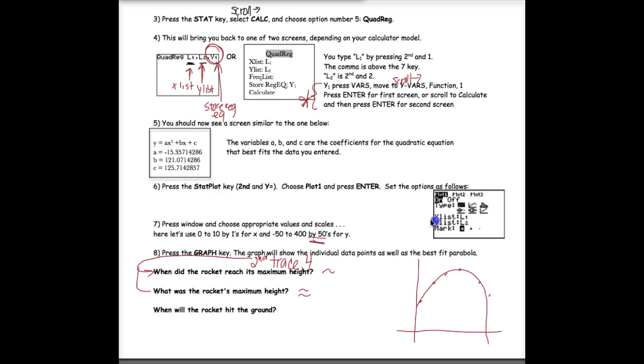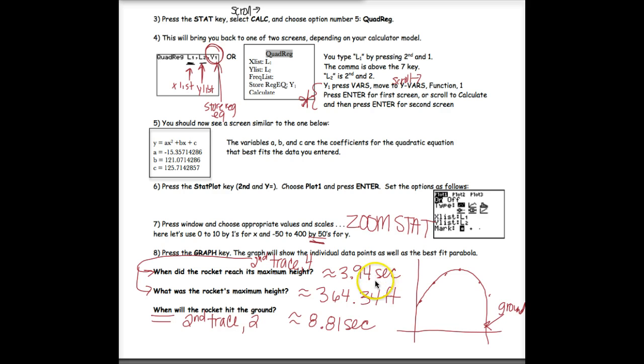I think it's choice 9, but zoom stat, whenever you have statistics, will automatically find a window that shows you most of it.